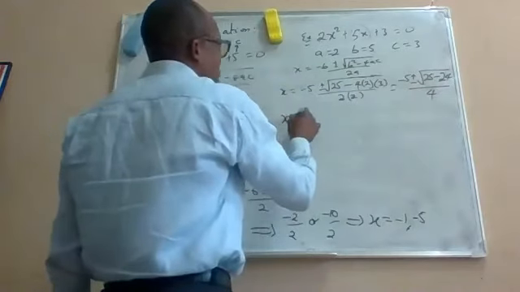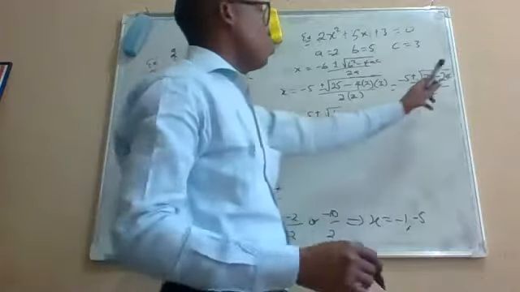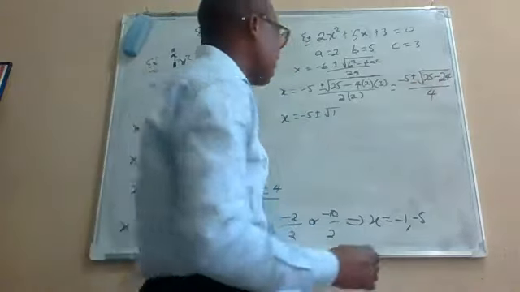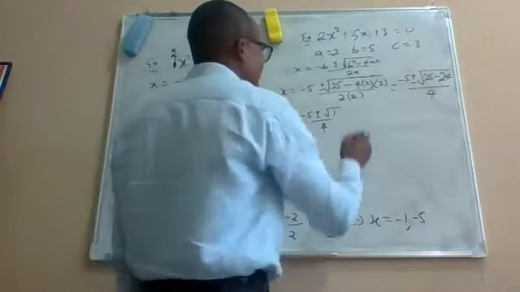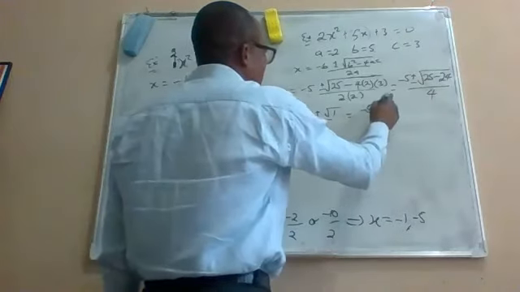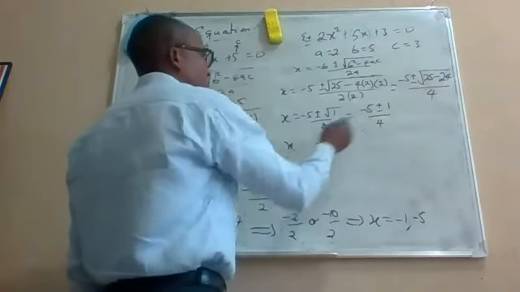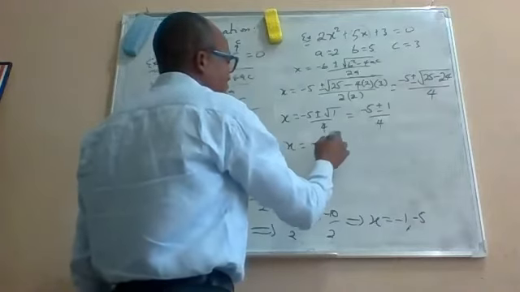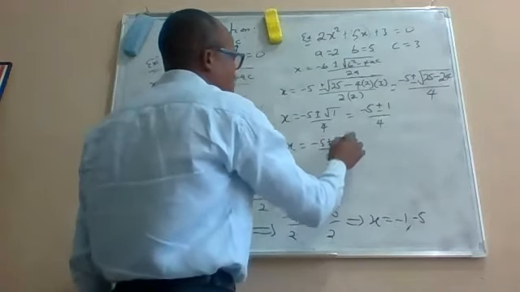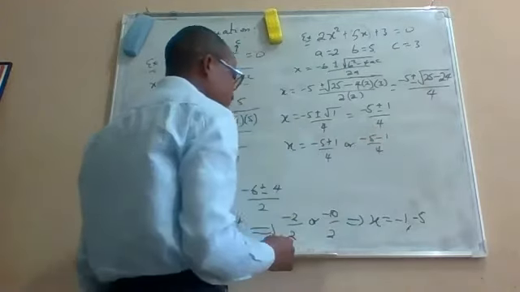So you now have S is equal to minus 5 plus or minus square root of 1, because 25 minus 24 will give you 1, all over 4. So square root of 1 is still 1. In that case, this will be minus 5 plus or minus 1 all over 4. So S, because of the plus or minus, I can have it as minus 5 plus 1 over 4, or minus 5 minus 1 over 4.